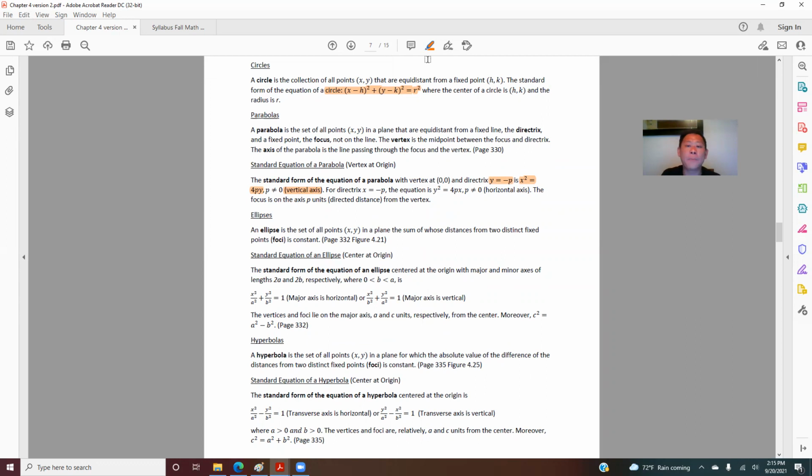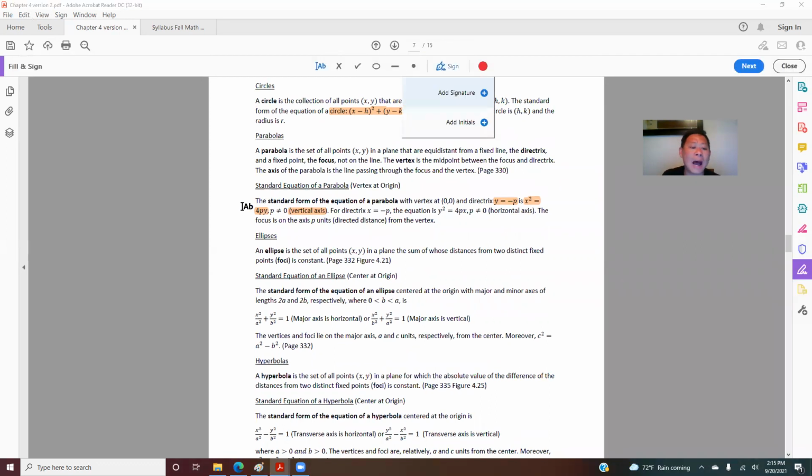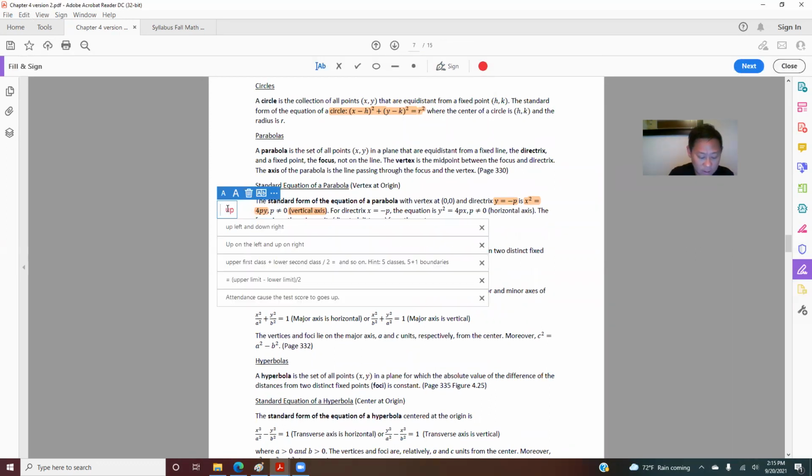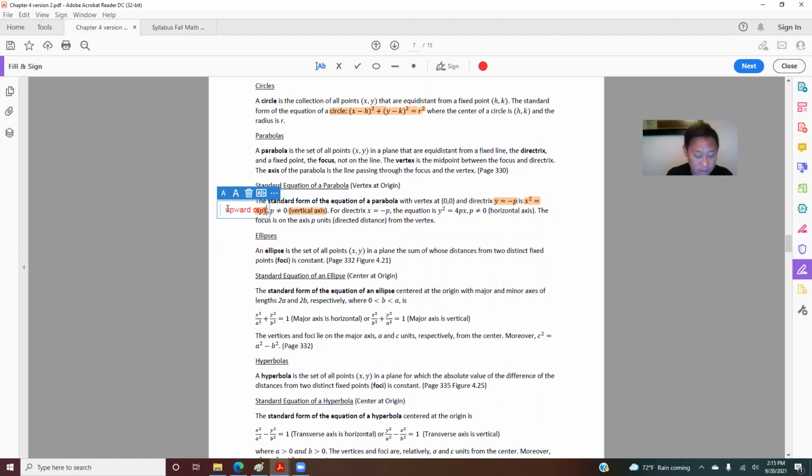It means that your parabola opens upward or downward, like the one that you learned in 3.1. It depends on the p. If your p is positive, it opens upward. If p is negative, it opens downward.